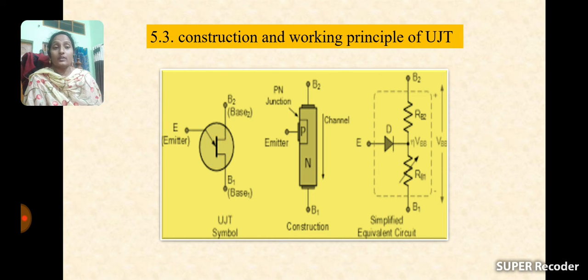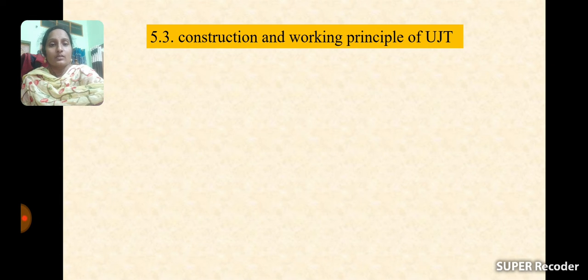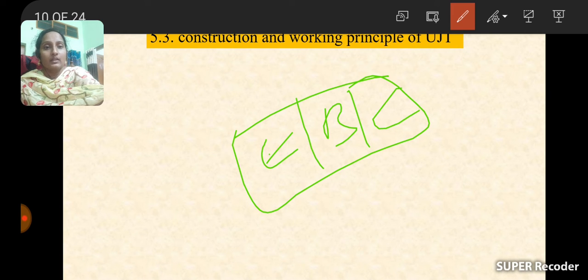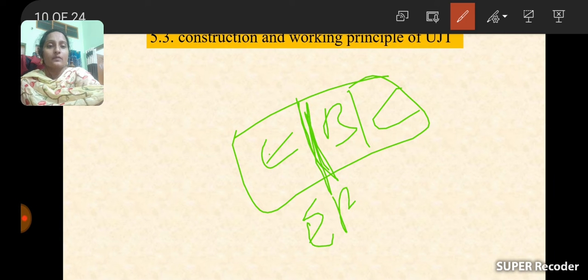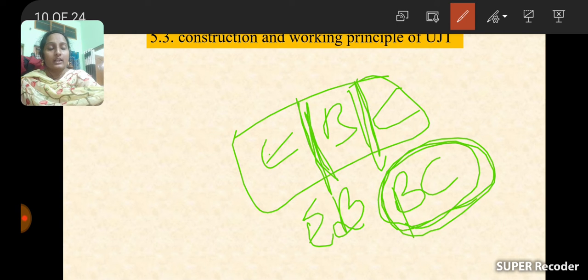Why is it called a uni-junction transistor? A general transistor has two junctions. Have a look here: emitter, base, as well as collector. In between emitter and base one junction is formed, the emitter-base junction, and in between base and collector one more junction is formed, called the base-collector junction.